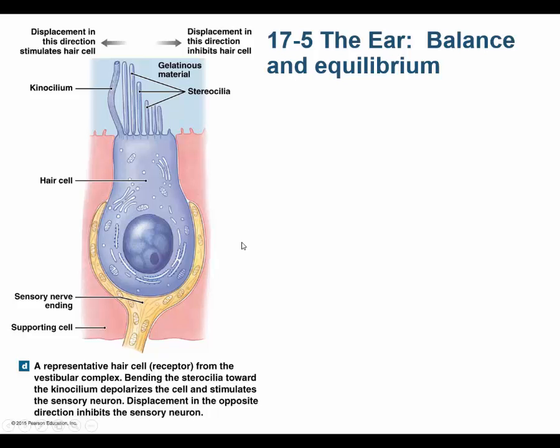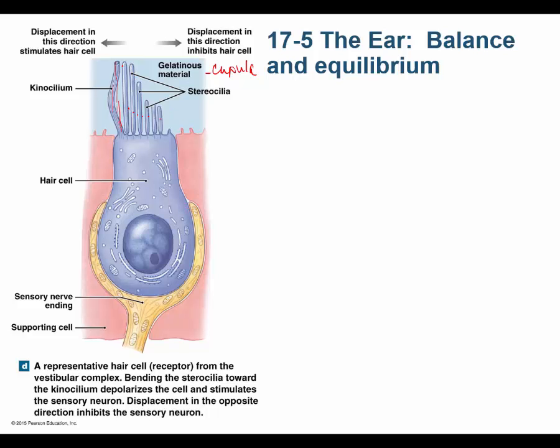Now, what I have here, this gelatinous material is the cupula, just so you know. What I have here is one real long cilium called the kinocilium. It's a pretty long cilium. And then I have these stereocilia lined up out of this hair cell. All right, so I have one kinocilium, and I have stereocilia. Now, here's what happens.